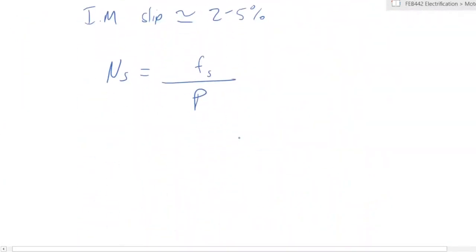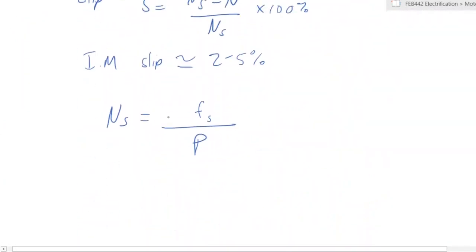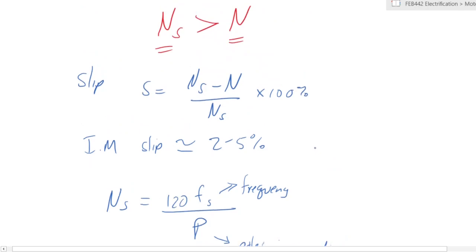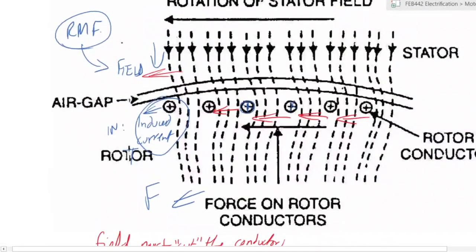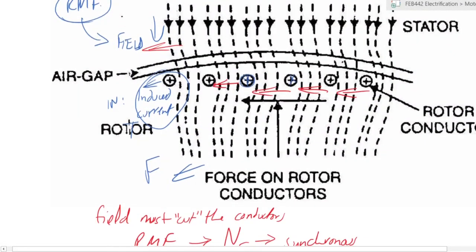So the number of poles that are within the windings. So this is frequency and poles in the machine. Those are the two determinants of the synchronous speed.